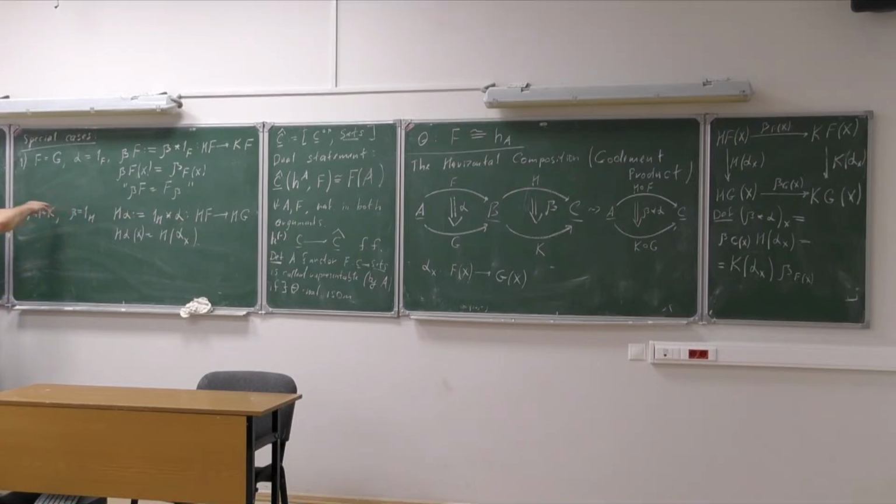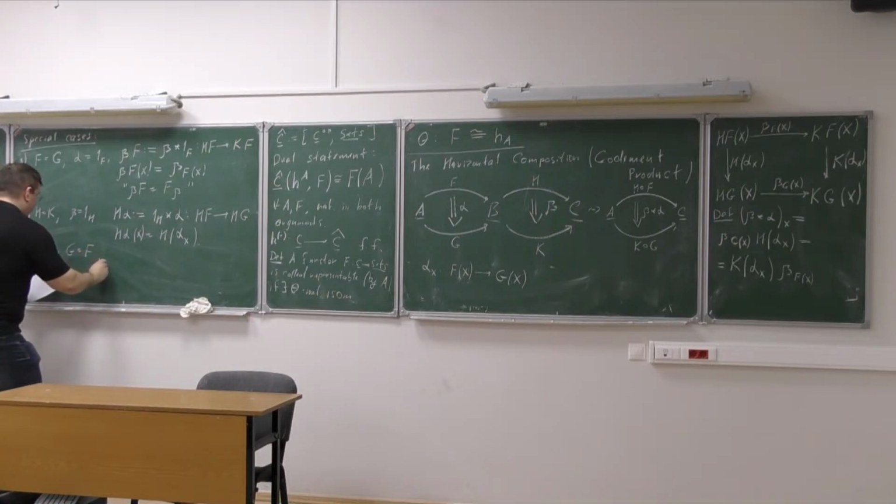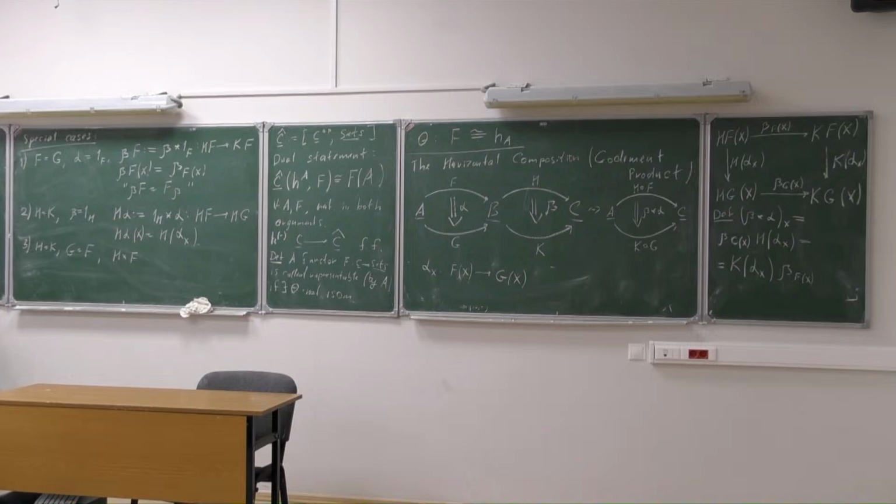So I'm introducing these special cases because I'm going to use these notations from 1 and from 2 later for other statements. Three, a very special case. Probably I won't use this, but anyway, I'm going to do this. Now I assume that h is equal to k and g is equal to f. So then I can define the product with the star between two functors.